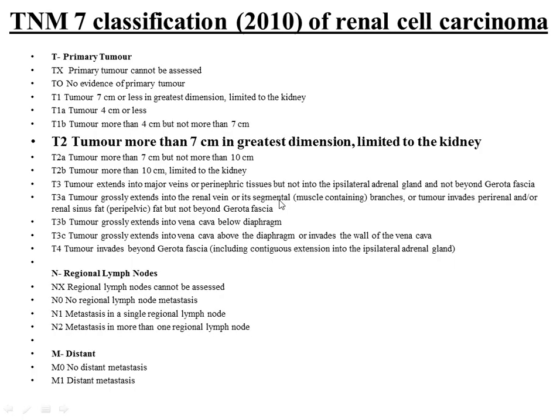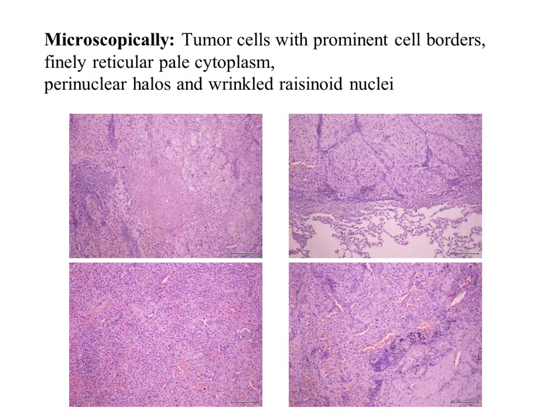What does it mean? T2 is a tumor more than 7 cm in greatest dimension, but limited to the kidney. N0, no regional lymph node metastasis. And M0, no distant metastasis. But that was in the first investigation in 2012. What do we have now?